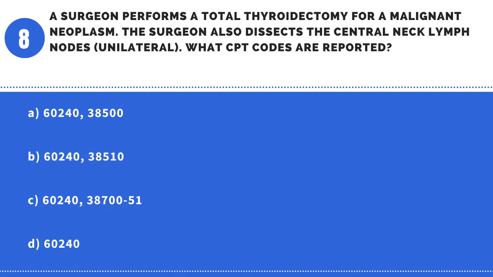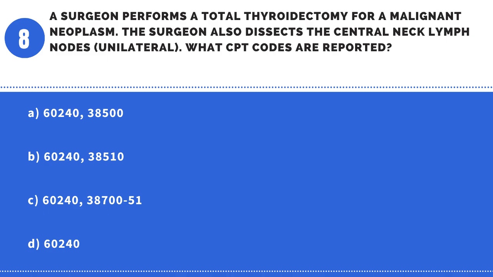Question 8. A surgeon performs a total thyroidectomy for a malignant neoplasm. The surgeon also dissects the central neck lymph nodes unilateral. What CPT codes are reported? A. 60240-38500. B. 60240-38510.